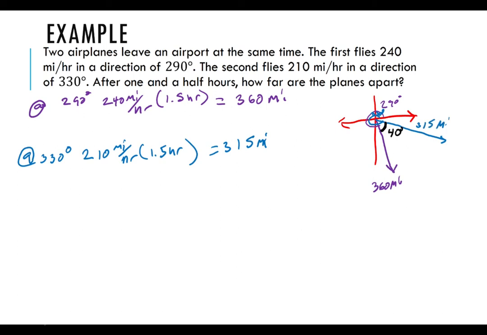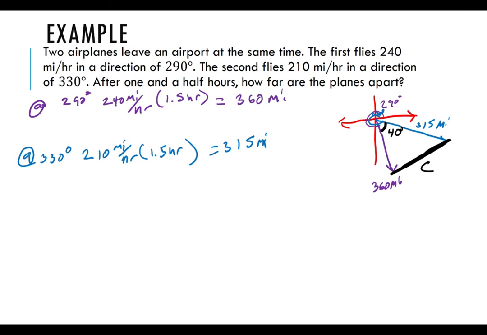Now what we want to find is the distance between the two airplanes. I'll call it C for now. Notice that I have an angle measurement trapped between two known side lengths, so I can find the opposite side length.